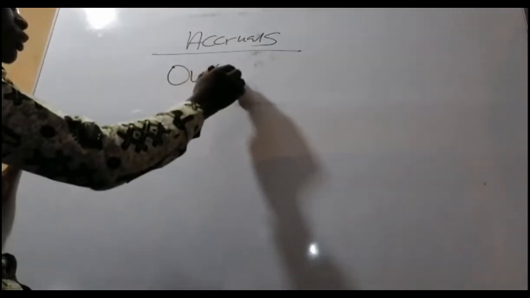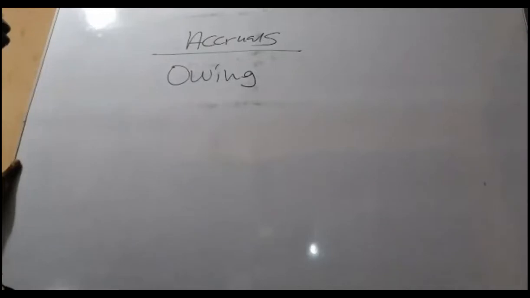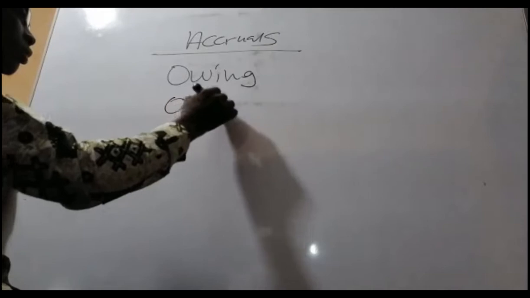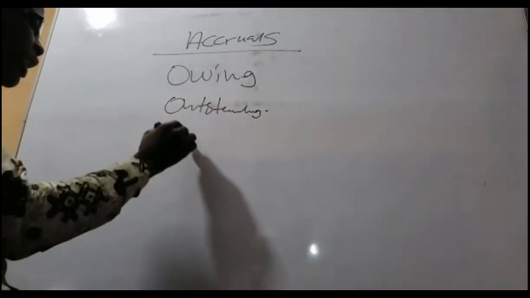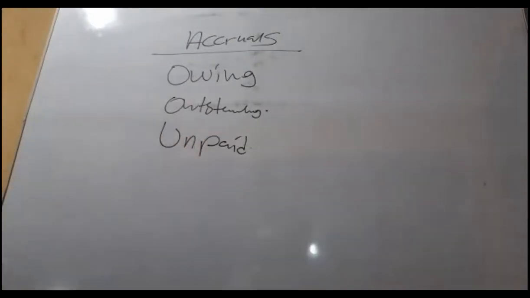You're owing someone or someone is owing you. Are we saying yes, you can owe someone and someone can also owe you? Outstanding, left out for, unpaid. All these are the same thing, accurate terms.